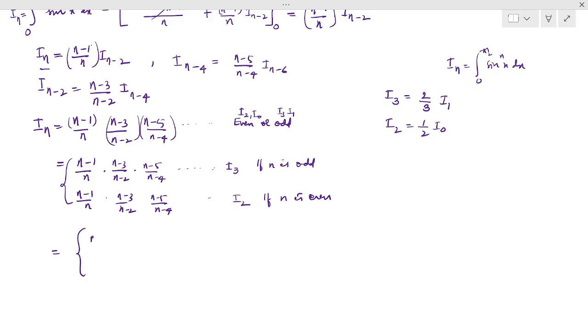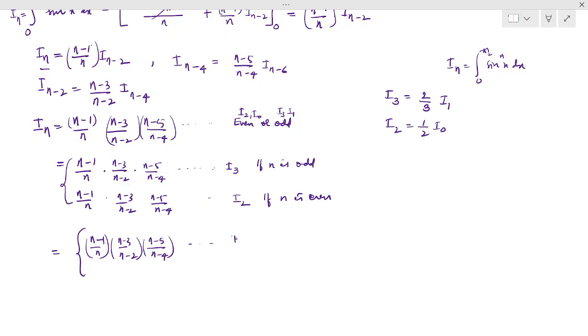Look at the first terms, which are as they are: (n minus 1)/n, (n minus 3)/(n minus 2), (n minus 5)/(n minus 4), and so on, ending with I3.